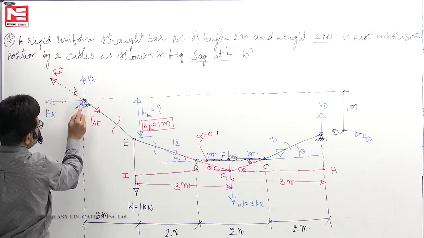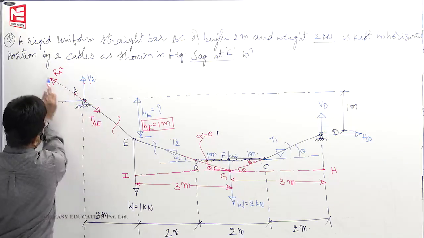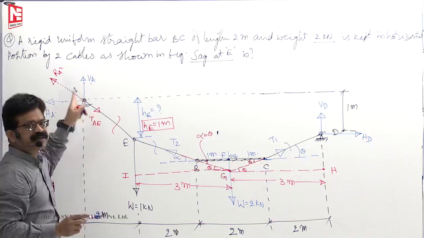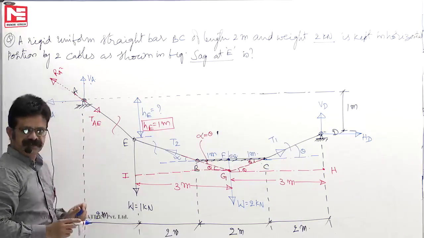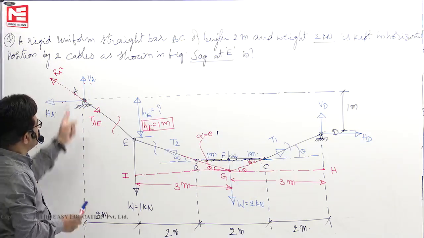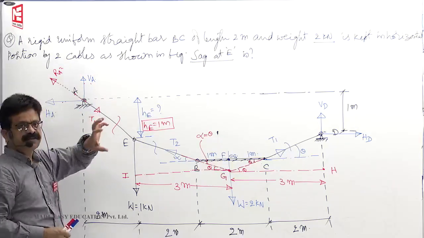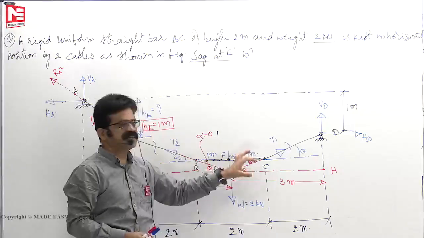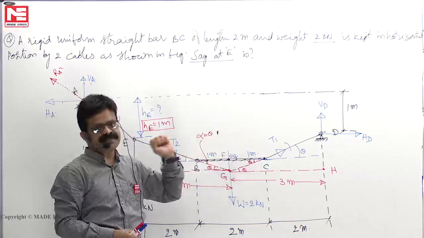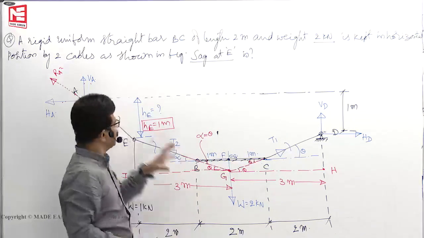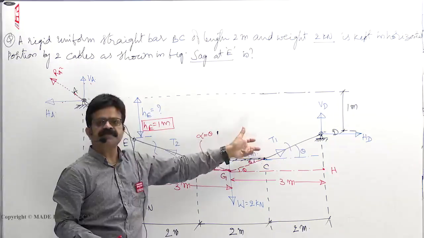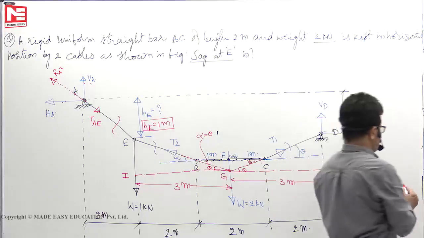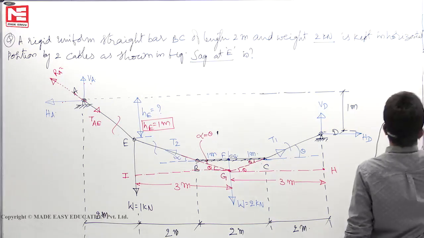Now there are only two forces, RA and TAE. For those two forces to be in equilibrium, they must be equal, oppositely directed and collinear. Otherwise, they won't be in equilibrium. So at this point, you take the concept of how to keep two forces in equilibrium. Here you will take the concept of how to keep three forces in equilibrium. Any question given will have either this configuration or this type of configuration only. So first we will find the support reactions.